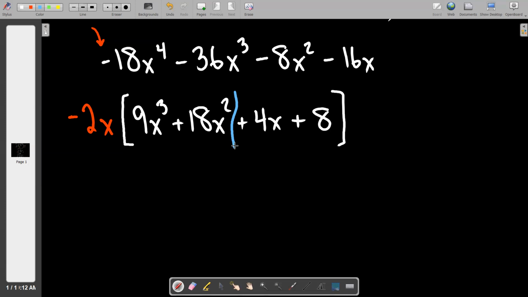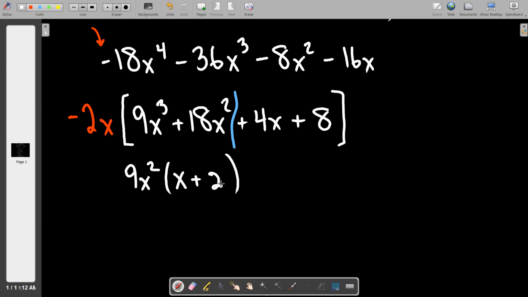What is the GCF now of the left half of the curtain? 9x squared. Very good. So I can pull 9x squared, leaving behind what? Nice.